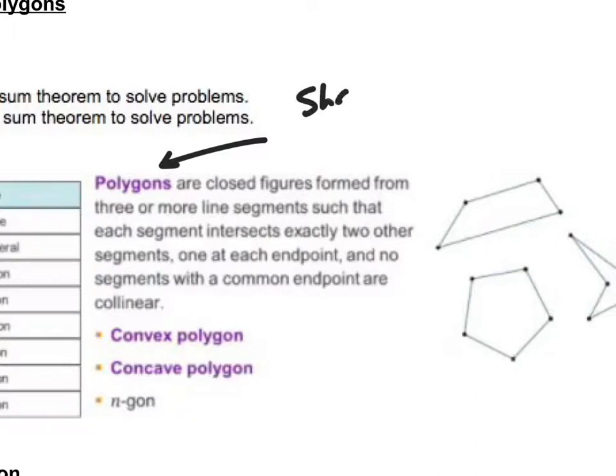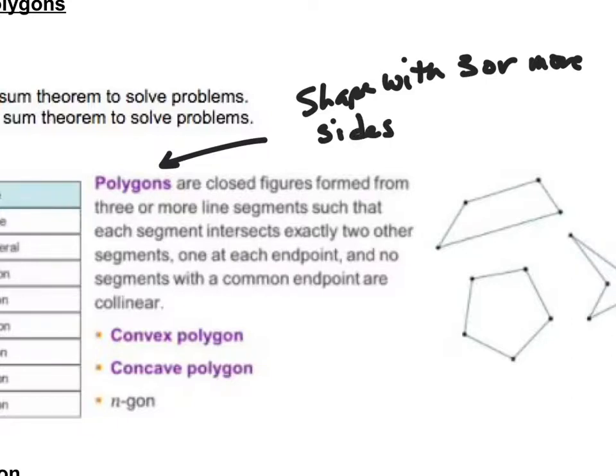Specifically, 3 or more line segments such that each segment intersects exactly 2 other segments, one at each endpoint, and no segments with a common endpoint are collinear.